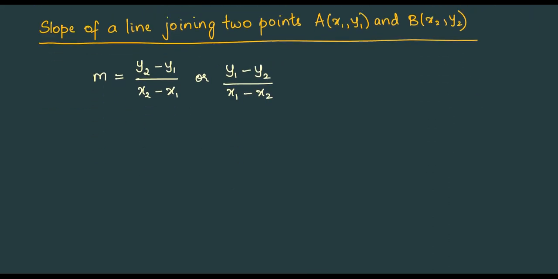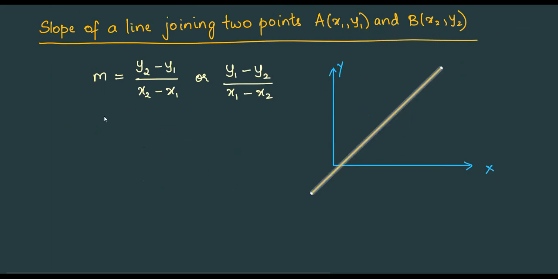So let us say that this is the line. The 2 points here, A, x1 comma y1, and B, x2 comma y2.